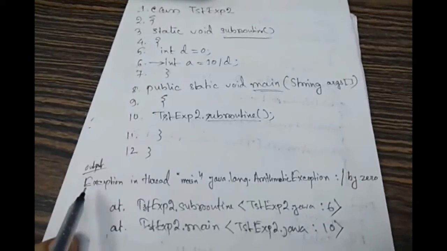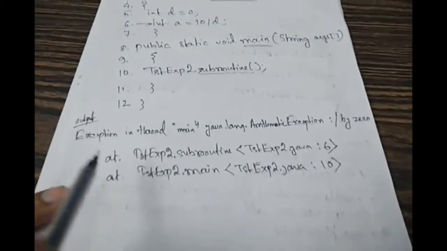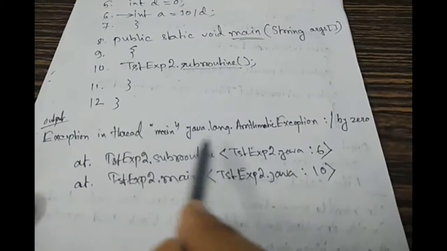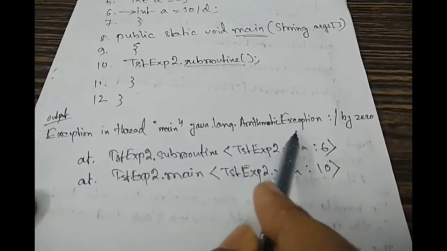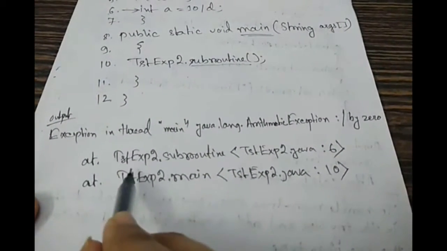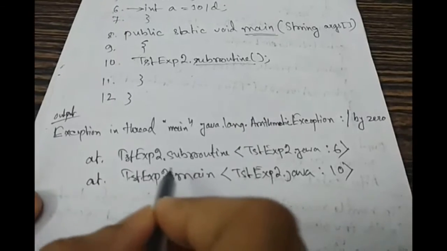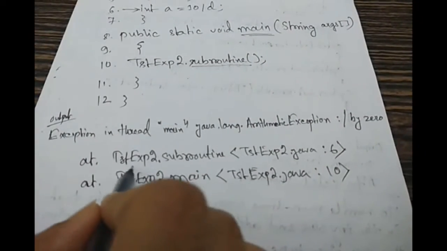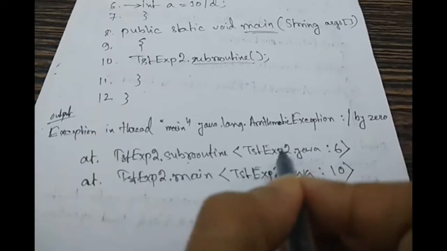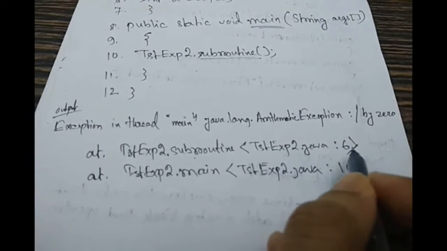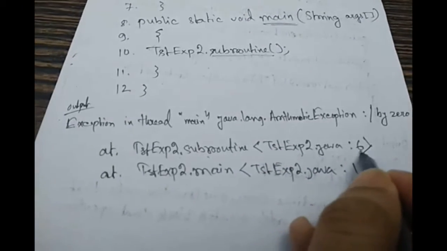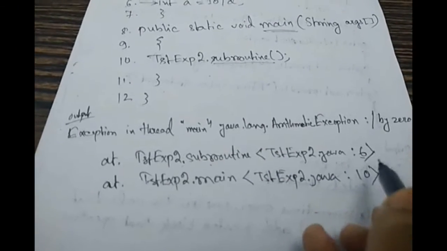So now comes the output. You can see the output: exception in thread main java.lang.ArithmeticException caused by division by 0 error. At, obviously as in the previous case, it will show the class name, the method name, the file name, and the line number of the exception in the method, that is 6.